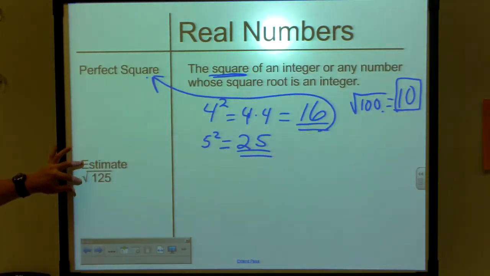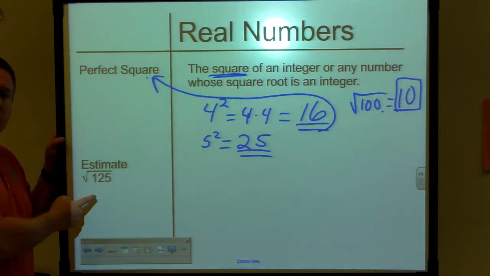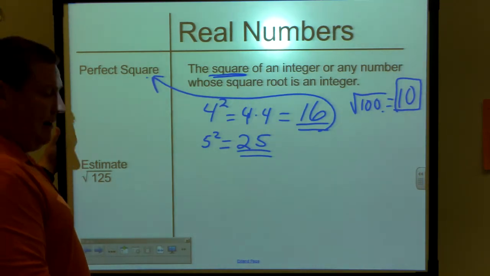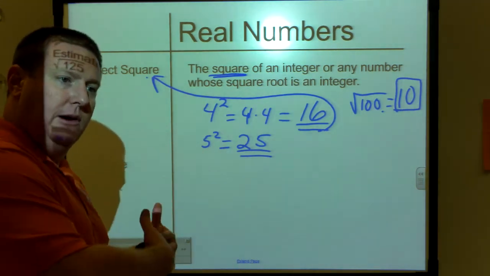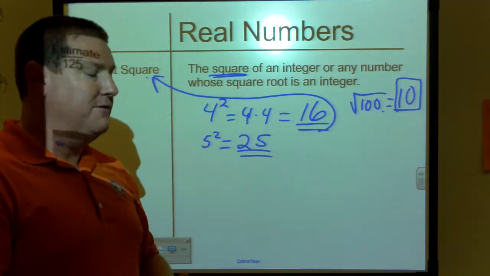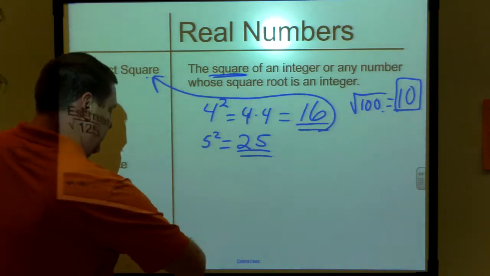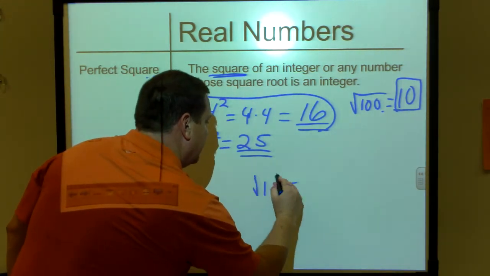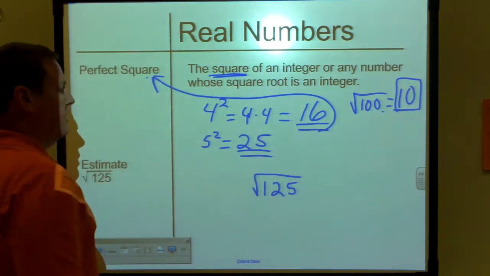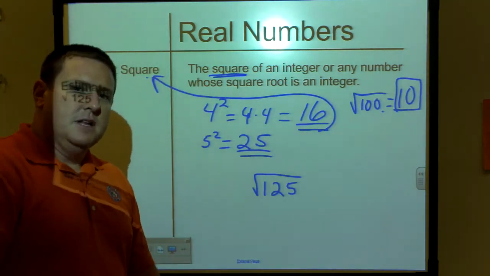Now we're going to estimate here the square root of 125, because 125 is not a perfect square. So what we need to start thinking of is, what is the next closest perfect square below and above 125? So I'm going to put 125 in the middle here, square root of 125. And then start multiplying numbers together. 9 times 9, 10 times 10.